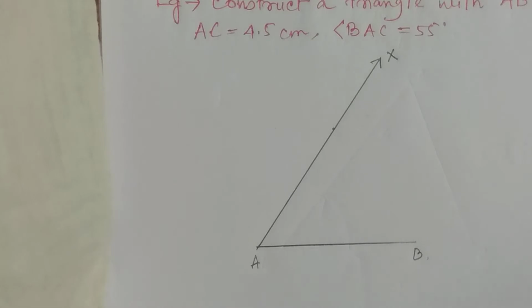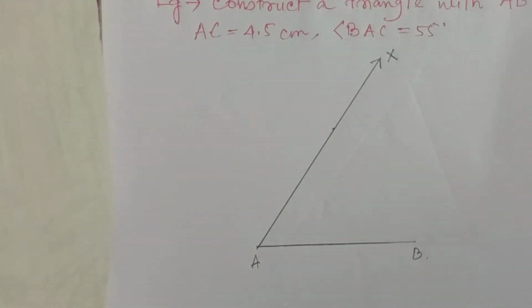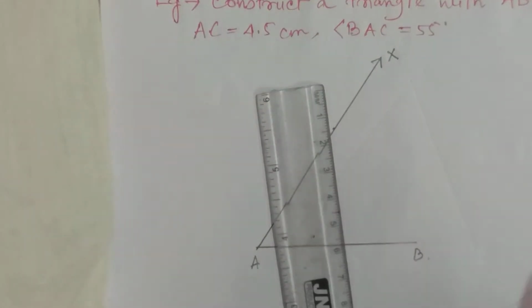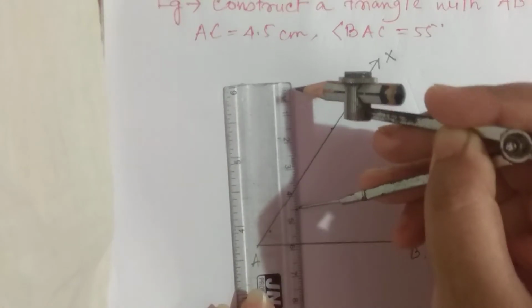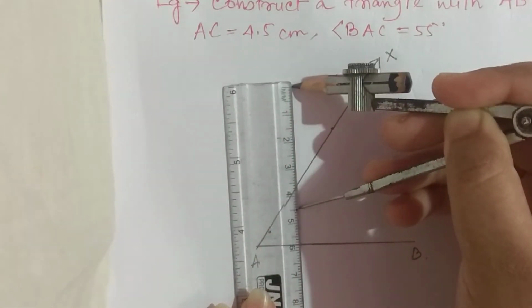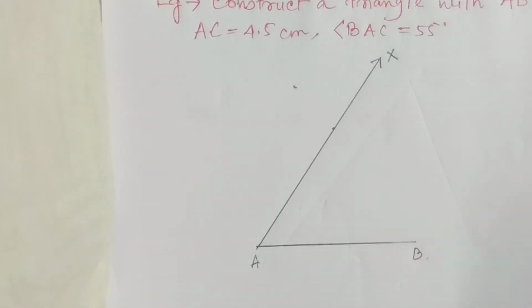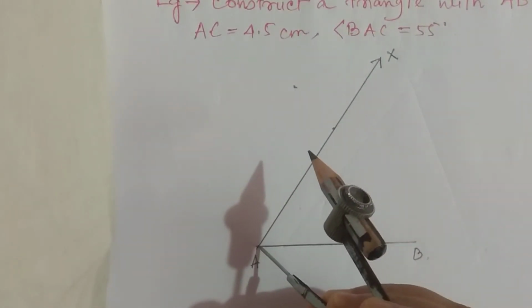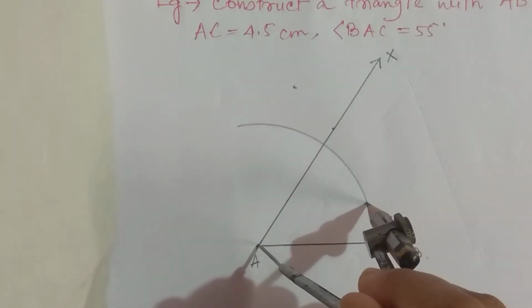Okay. Now, with the help of compass, I will take the measure of AC. That is 4.5. Here it is 4.5. I have taken the radius of 4.5. I have placed it at A and I have given an arc.